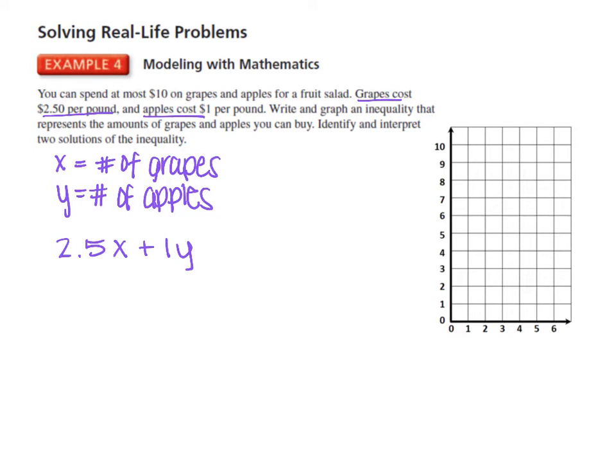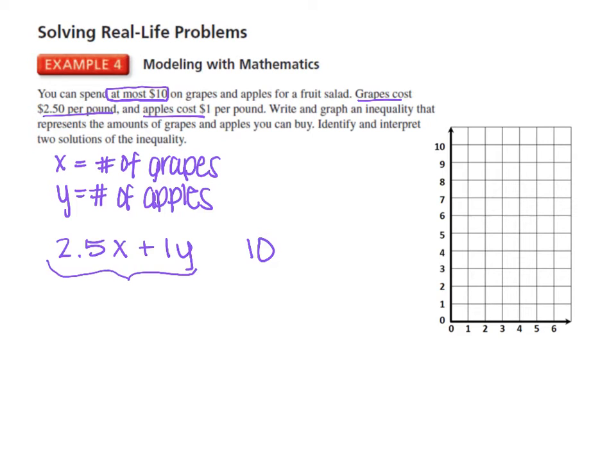I also know I can spend at most $10. So I need an inequality symbol and then my $10. What is my inequality symbol going to be if it says at most? So this is the amount I spend. Do I want it to be more than $10 or less than $10?